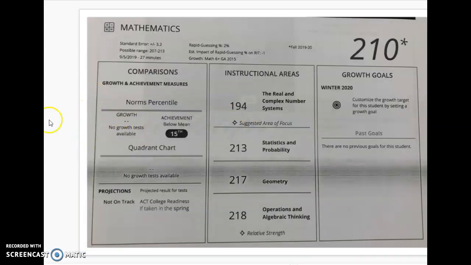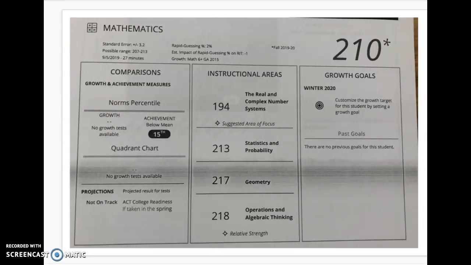Here we have a student's report from MAP, and this is their math report. So there's some information that you get here. At the top, it tells you the date you took the test and how long you spent on it. So this student tested for 27 minutes.